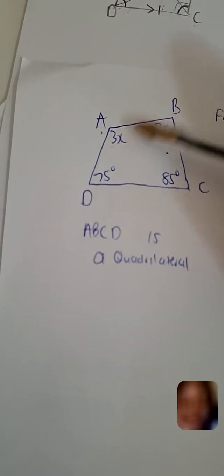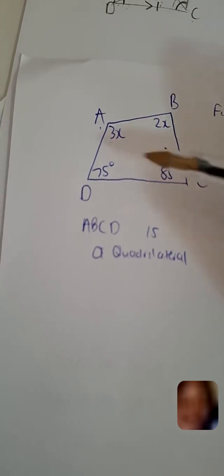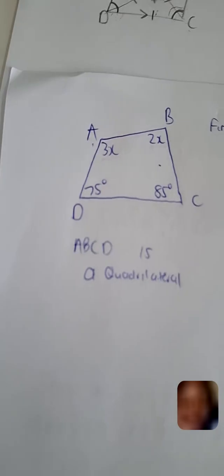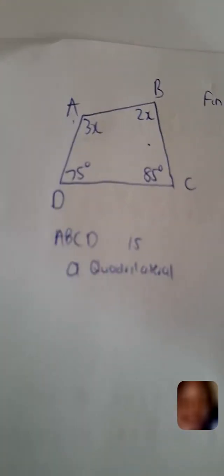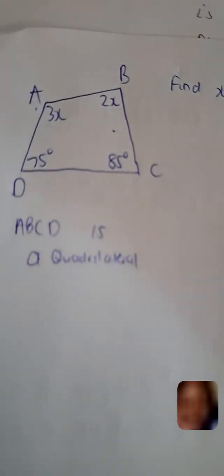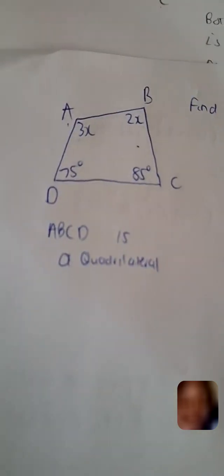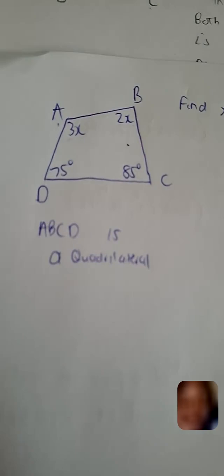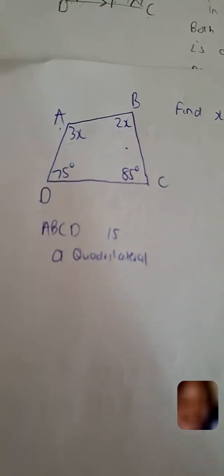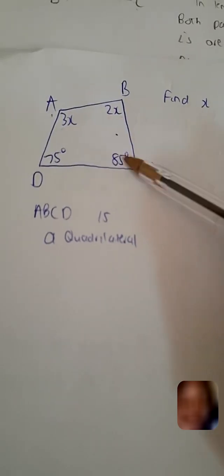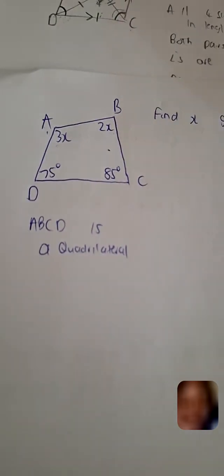We are given the angle A, the angle B, the angle C, the angle D. Angle A is given in terms of X. Angle B is given in terms of X. Angle D and angle C are actual angles. They have numerical values. So my question to you is, how are we going to find X if we are given these four angles, two of them being unknown?